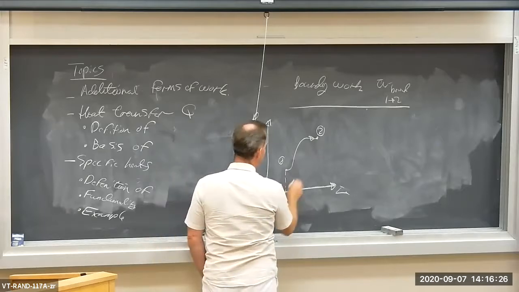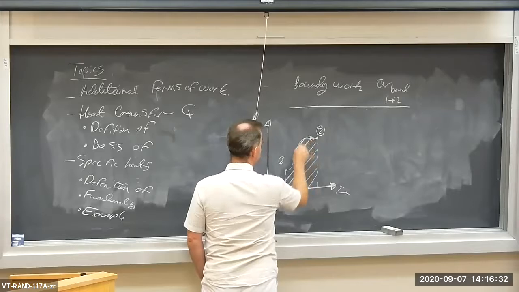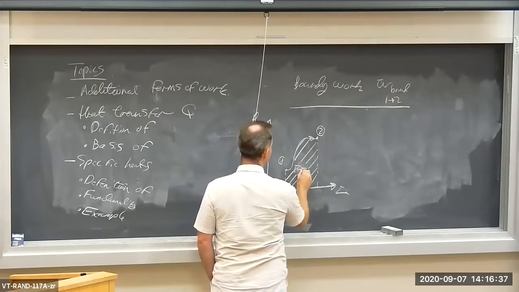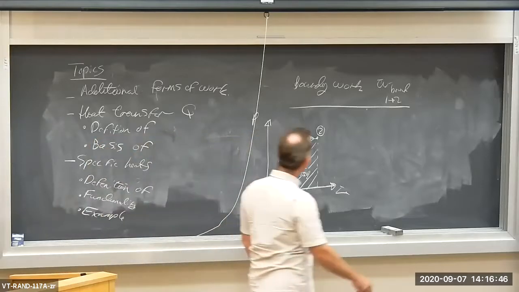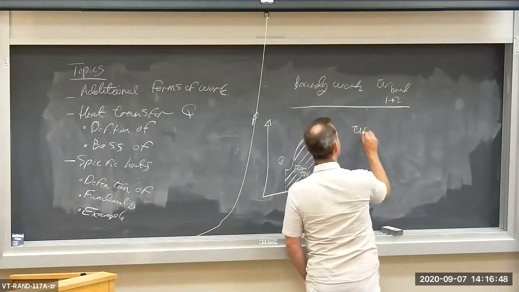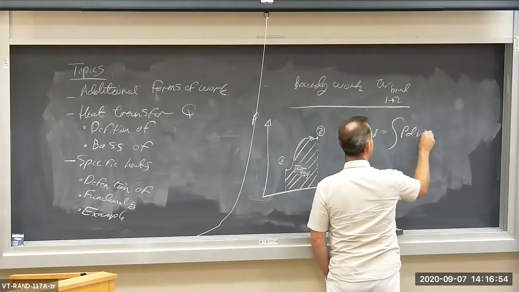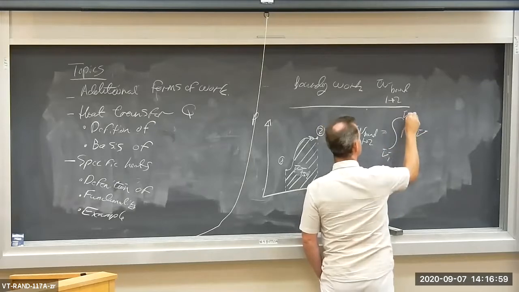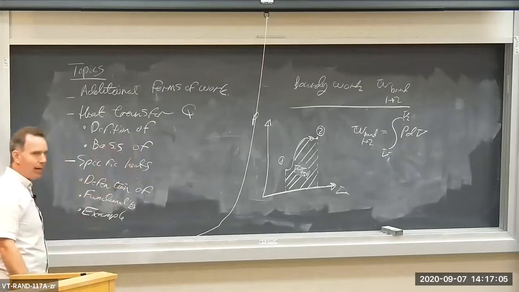The area underneath this curve represents the boundary work over the process 1 to 2. So W bound 1 to 2, that's the area underneath the PV curve. Mathematically, boundary work is defined as the integral of PdV as we go from volume 1 to volume 2 along the path 1 to 2, okay? So that's how boundary work is calculated.